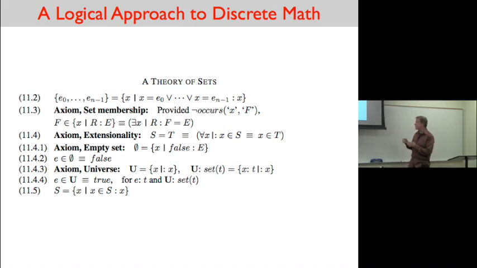So two sets are equal if and only if for all x range true, x is an element of S equals x is an element of T. And then we did a few special sets: the empty set, the universe, and the singleton, the one with one element. And 11.5 is an interesting theorem.